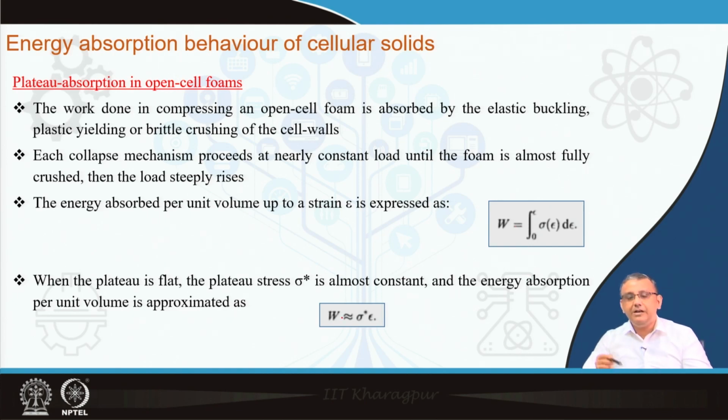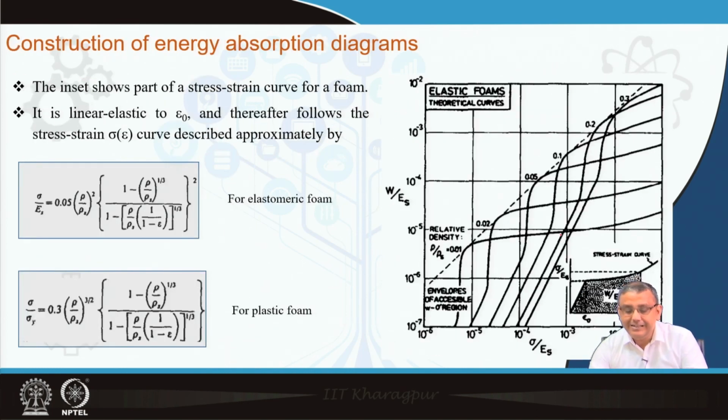As you already know, the amount of energy absorbed is obtained if we integrate the area under the stress strain plot. This is the typical plot of the energy absorption diagram, where the y axis is the volumetric energy absorption W normalized by the Young's modulus of the solid, ES, and the x axis is the stress normalized by ES.